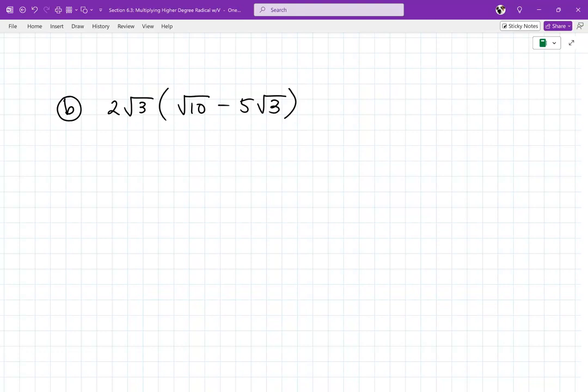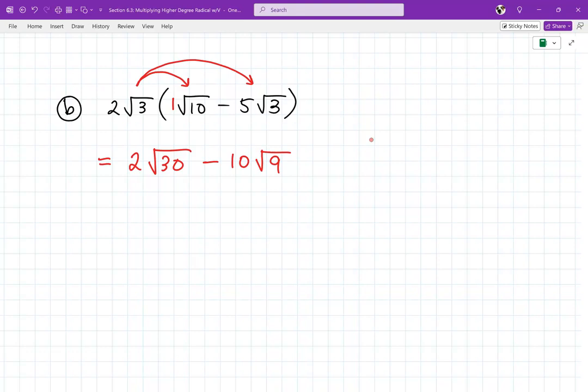For this, we're going to follow a rule that we normally do, which is we're going to distribute. Now, remember, in front of this radical 10, there is a 1. So when I distribute, 2 radical 3 times 1 radical 10: 2 times 1 is 2, and radical 3 times radical 10 is radical 30. Minus, and now the next one, 2 radical 3 times 5 radical 3: 2 times 5 is 10, and radical 3 times radical 3 is radical 9, because 3 times 3 is 9.